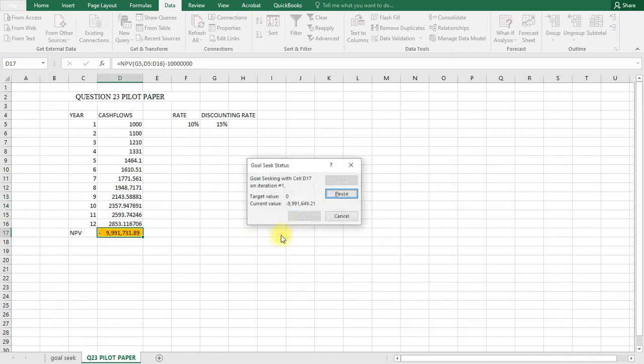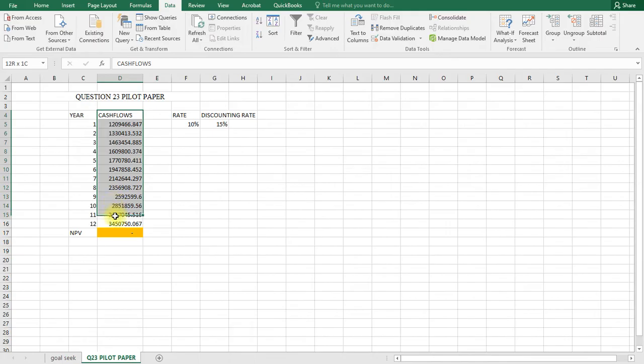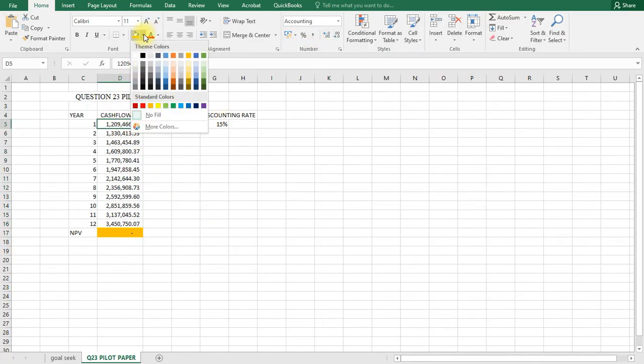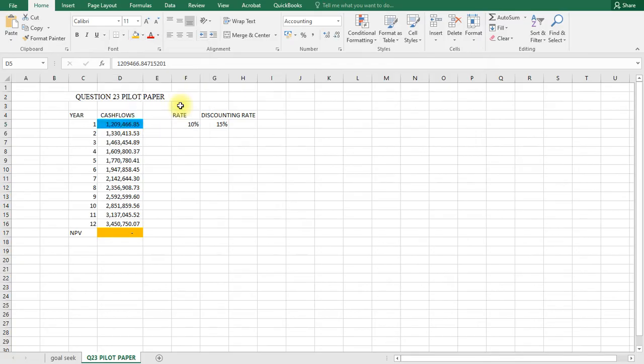So when I put OK, it will adjust that value, and automatically you get your values to 3 decimal places. If I highlight these values, I put a comma, a thousand separator. You can see now the value of X will be this particular amount that we need.